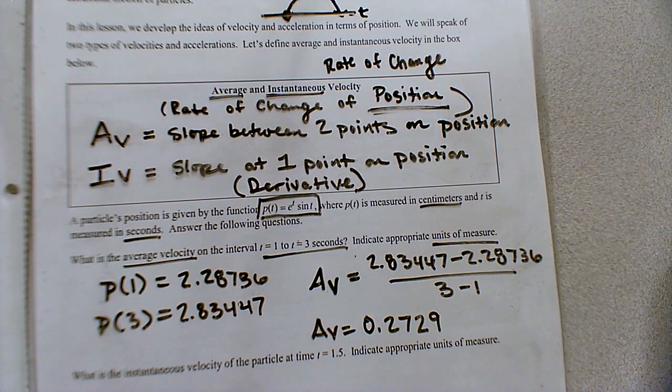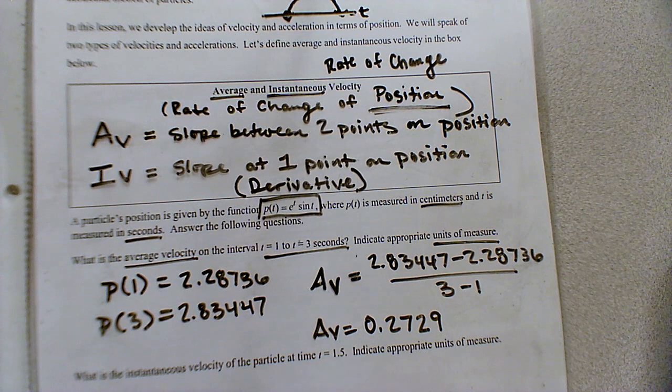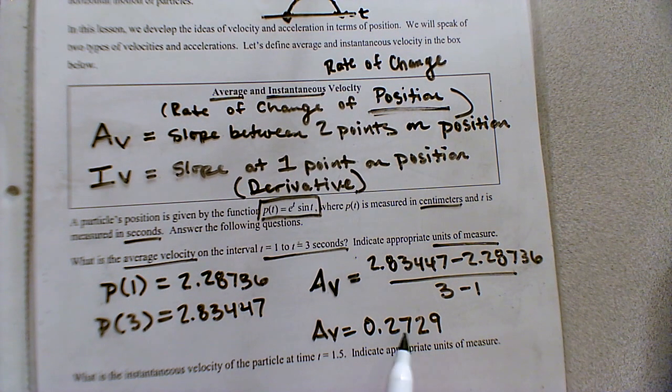All right, so notice how our velocity is positive. Our average rate of change is positive. So we know our position is increasing. Okay, the rate is positive, so our position function is going up. If we think about the units, we need a y unit over an x unit.